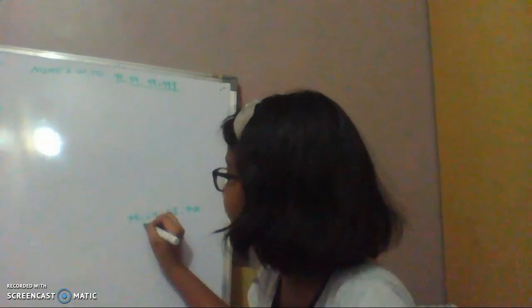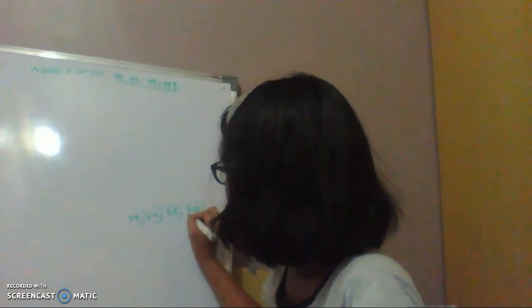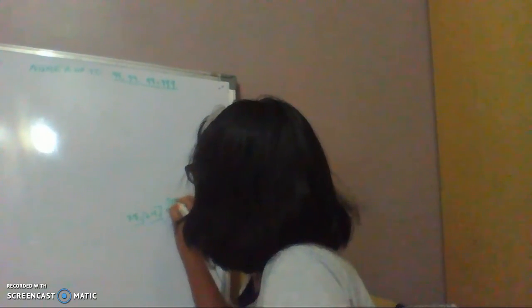Let's start with this number. The 945 belongs to the ones family, and this 58 belongs to the thousands. So its surname is 58,000.